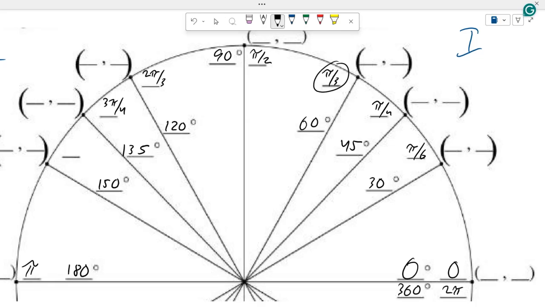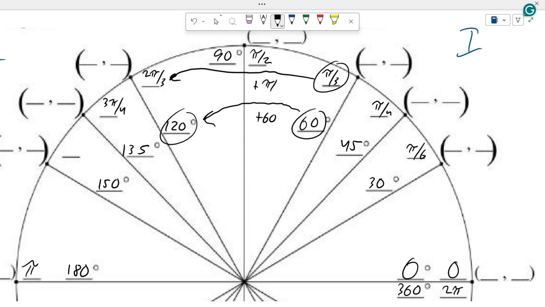Just like from 60 to 120 is plus 60, this is plus pi over 3.